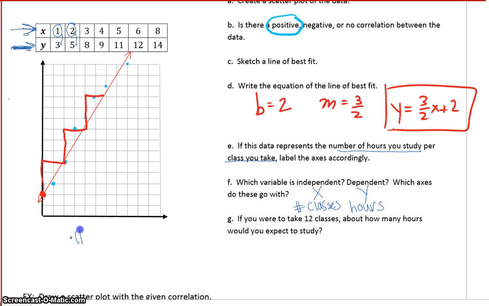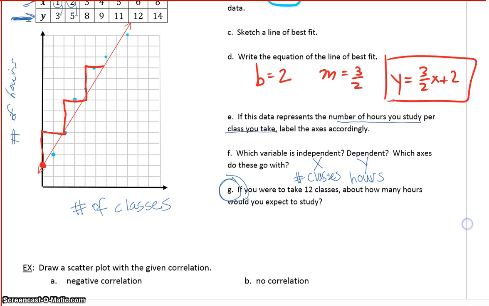So here we'll say number of classes, labeling our axes, and this is number of hours. Okay, so now use your line of best fit to approximate if you were to take 12 classes, about how many hours would you expect to study. Please have that for tomorrow.